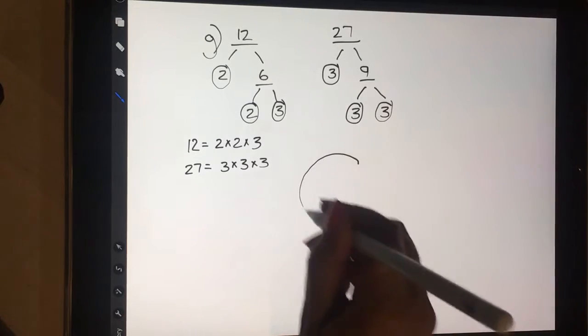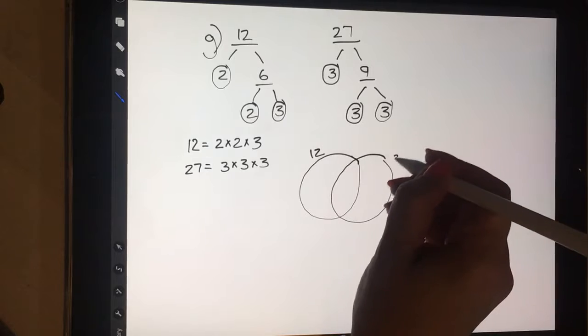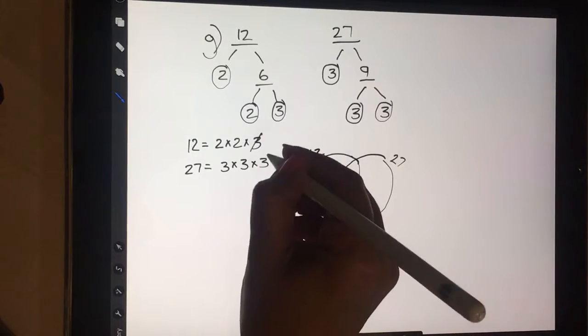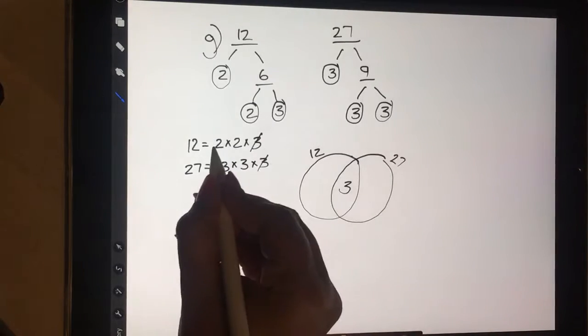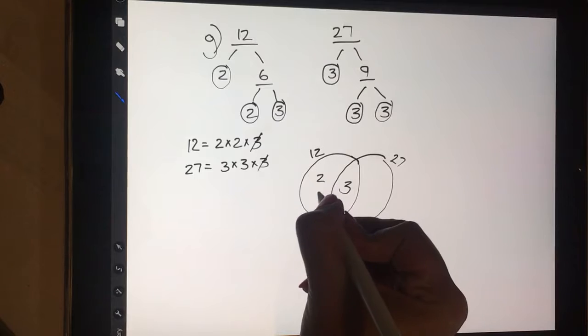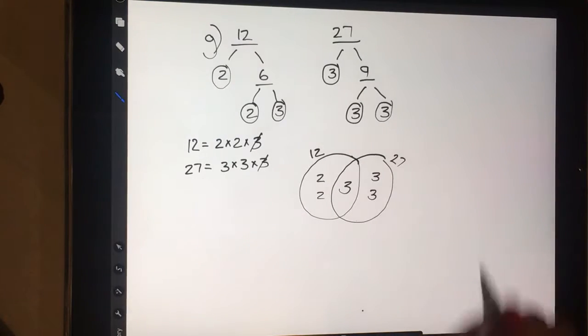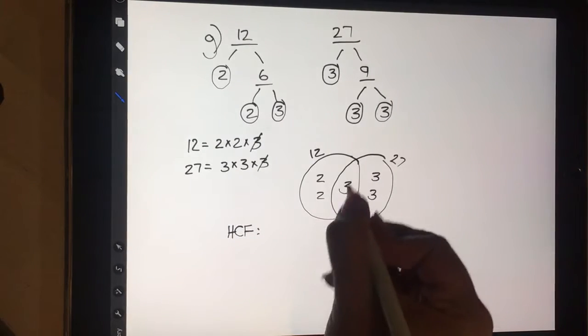Now we draw a Venn diagram, where this one is 12, that one is 27. So what is shared? A 3 is shared. Only one 3. What is left over with 12 is two 2's. And left over at 27 is two 3's. To find your highest common factor, you only look at the shared one.